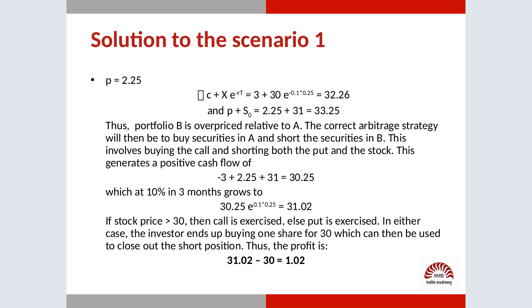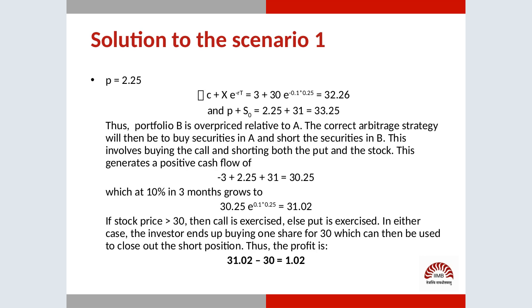So I will still have to buy the asset at 30, and I pay the 30 from 31.02. With the asset that I acquire, I close out the short asset position. So irrespective of what happens, I land up with a profit of 1.02. And hence that becomes an arbitrage profit for me.